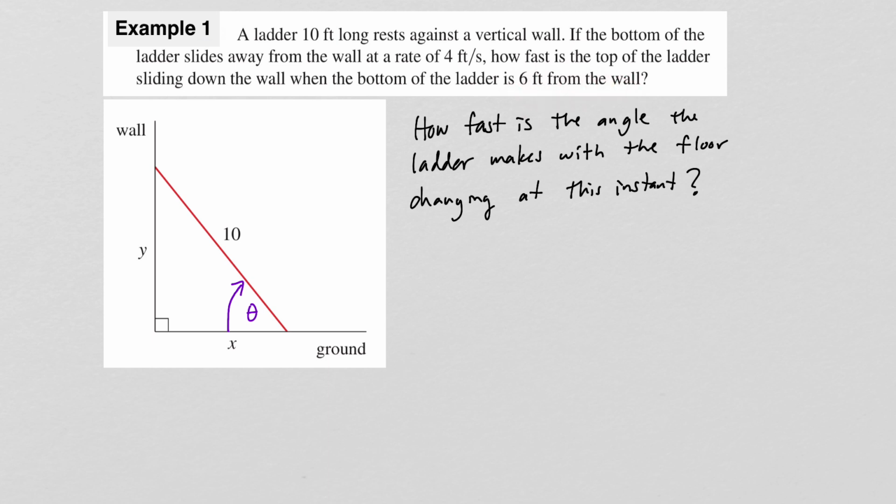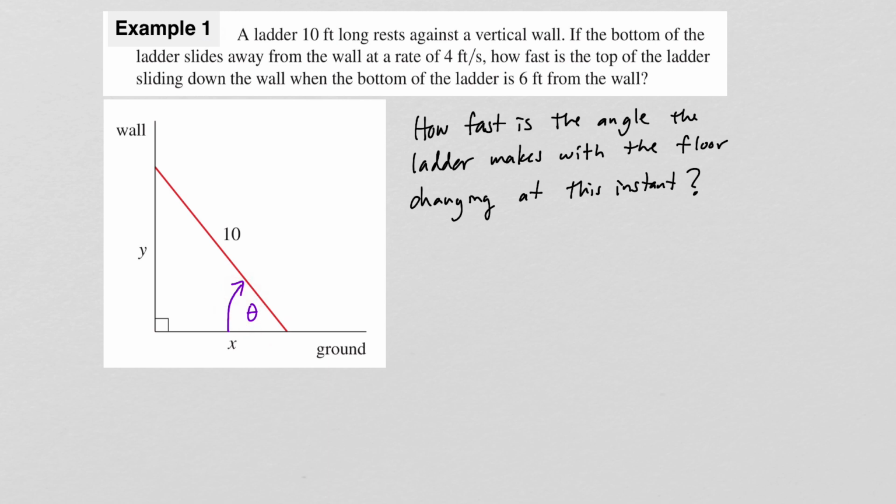So to solve this problem, we would need to have a new equation. X squared plus y squared equals 10 squared does not involve theta. So we would have to use trigonometric functions to bring theta into the problem.